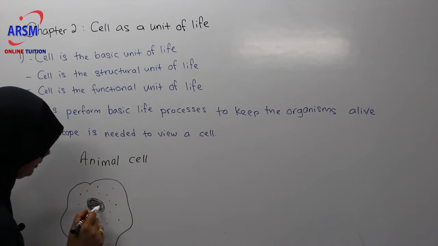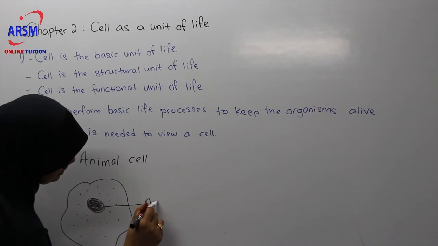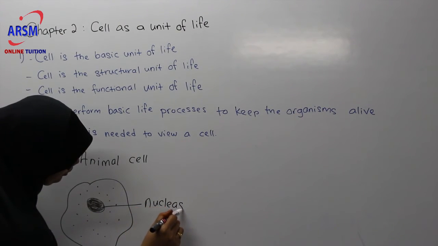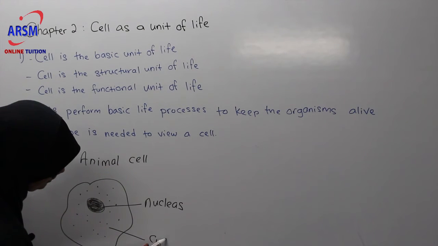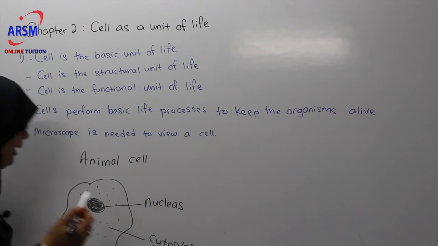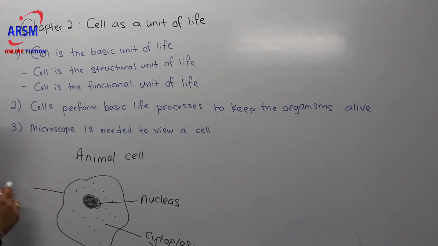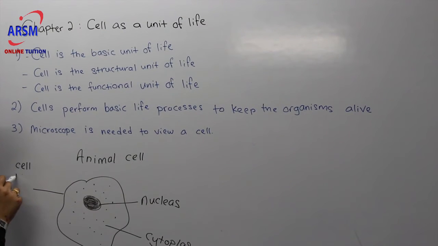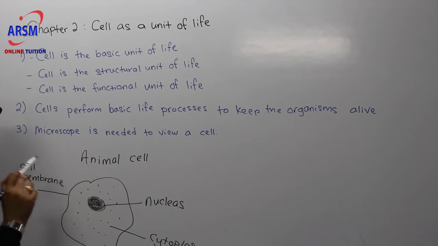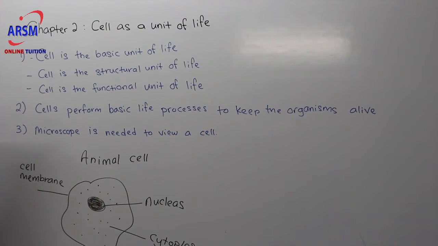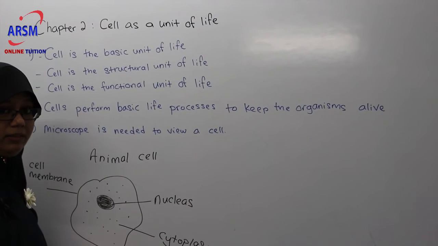Inside this nucleus we have the DNA, which controls the whole activity of a cell. This is the cytoplasm, where cellular activities take place, and this membrane we call the cell membrane. So basically these three things are very important when you study the animal cell.